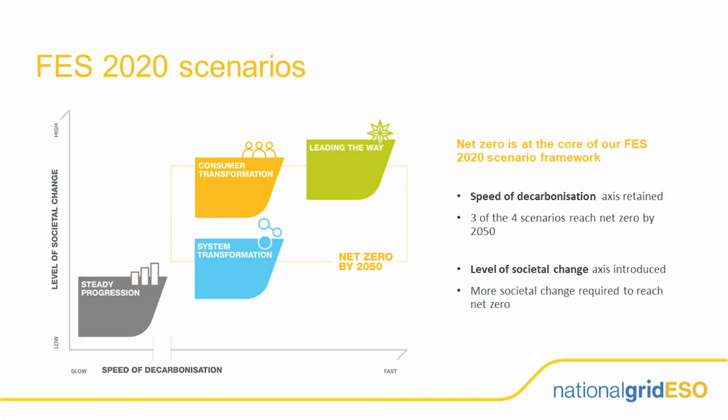Let's now have a look at some of the scenario specifics. So hopefully at this stage, most of you will have seen the FES 2020 scenario framework. Very quickly for those who haven't, this year we have 4 scenarios arranged on a 2x2 matrix.